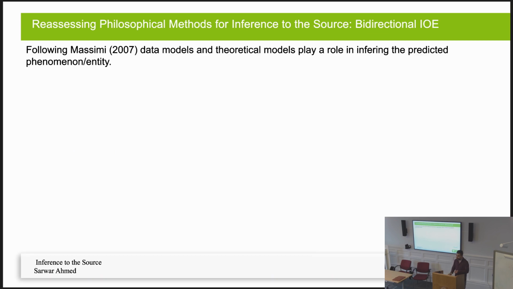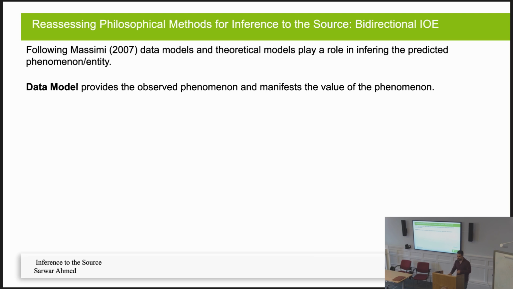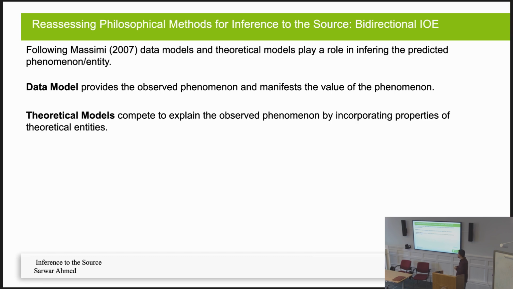Well, and then based on Bogen and Woodward, Michela Massimi has built on their paper, and she has introduced data models, theoretical models, and background theory in the process of inferring the predicted phenomenon or entity. So for her, data models provide the observed phenomenon and manifest the value of the phenomenon. The theoretical models compete to explain the observed phenomenon by incorporating properties of theoretical entities.